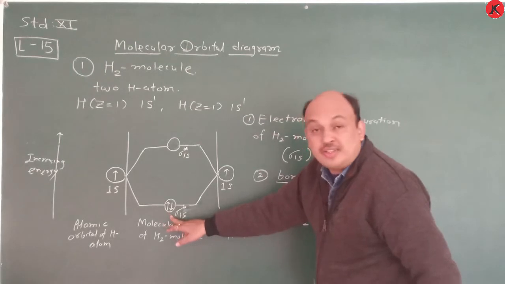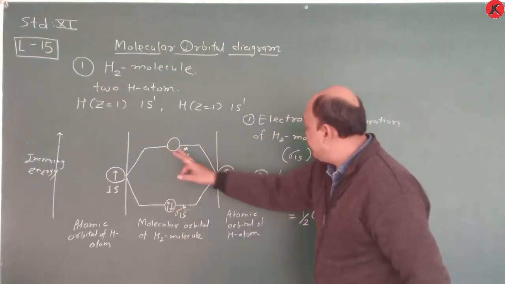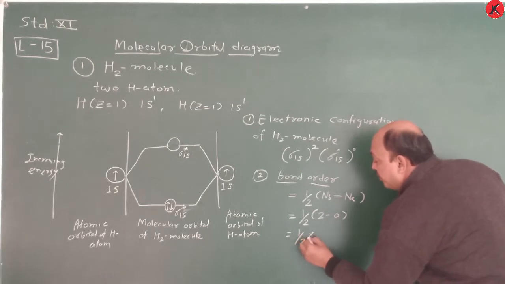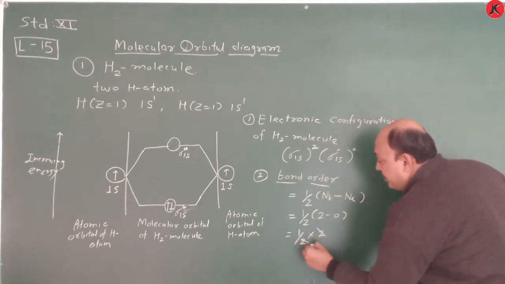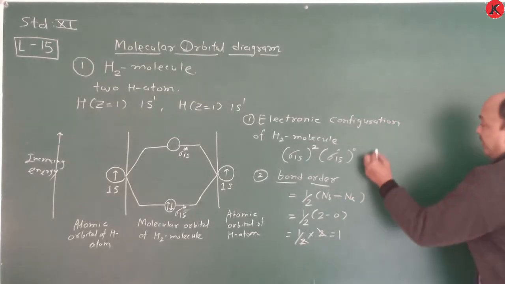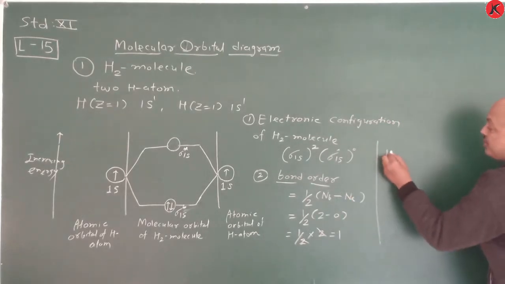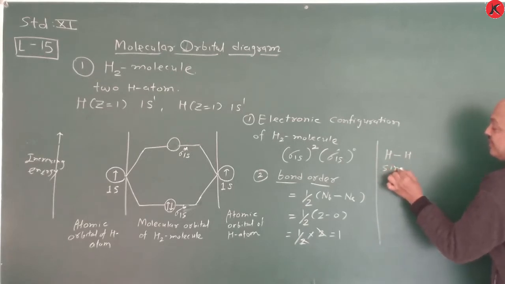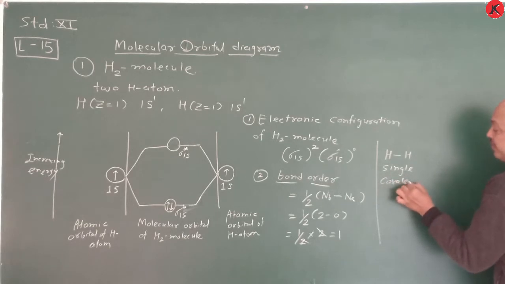How many electrons are present here? 2. Here 0. Therefore 1/2 of 2 is equal to 1. That means a single bond is present between the hydrogens, a single covalent bond.